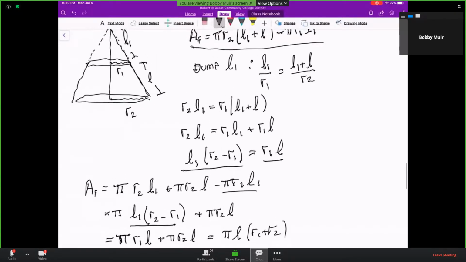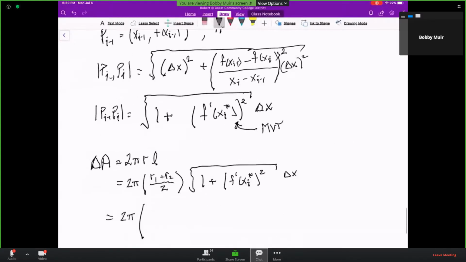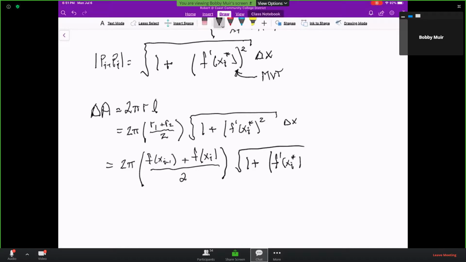R1 is going to be the f of xi, so this is going to be f of xi minus 1 plus f of xi, all over 2, times the square root of 1 plus f prime of xi star squared, delta x. I messed that up, so let me do that better.